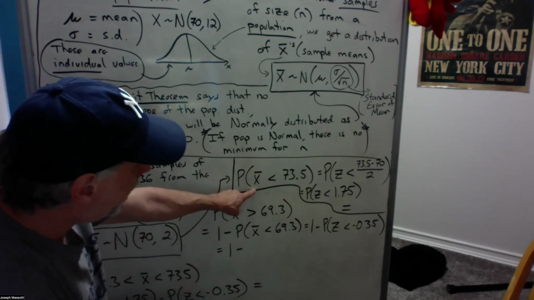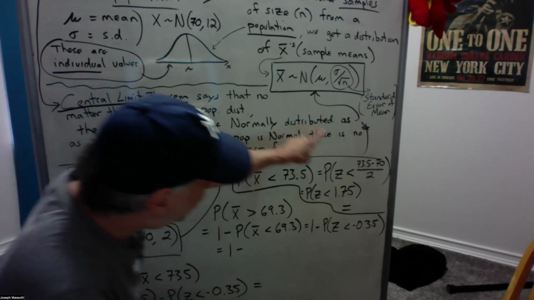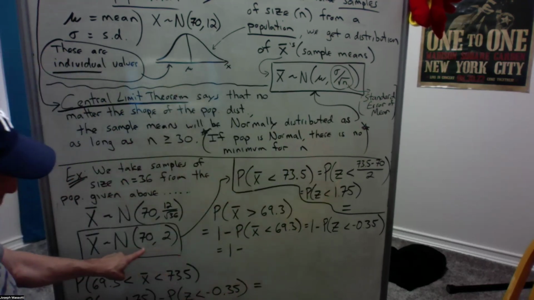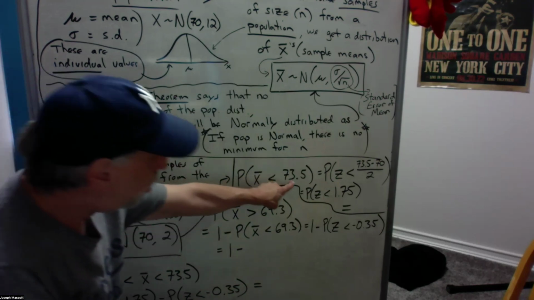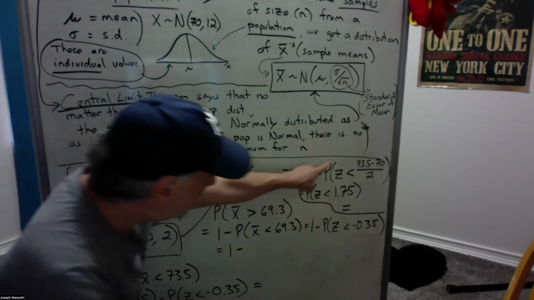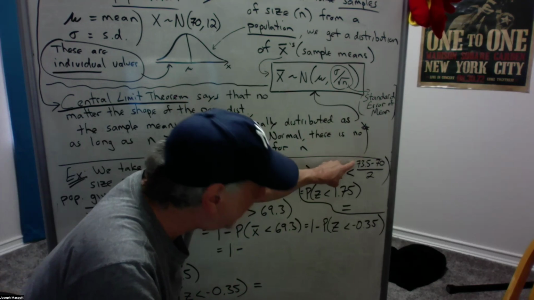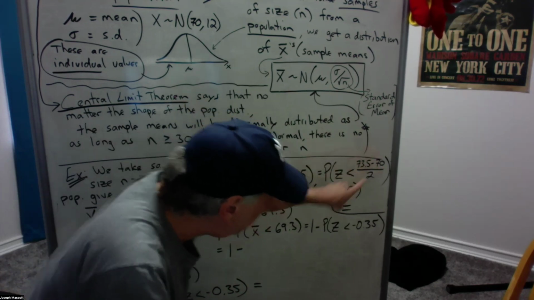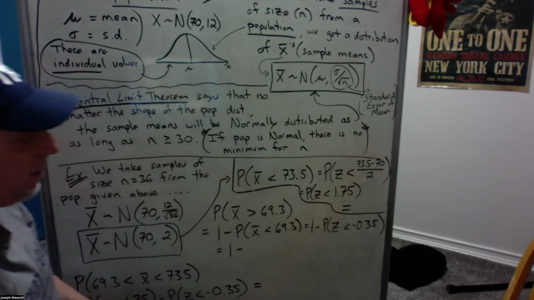So we can standardize this statistic to a z-value by subtracting the mean and dividing by the standard deviation. We do the same thing to the value, 73.5 minus the mean divided by the standard deviation. We get our z-value of 1.75.